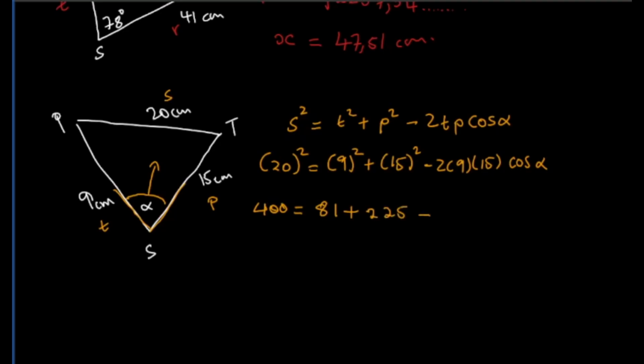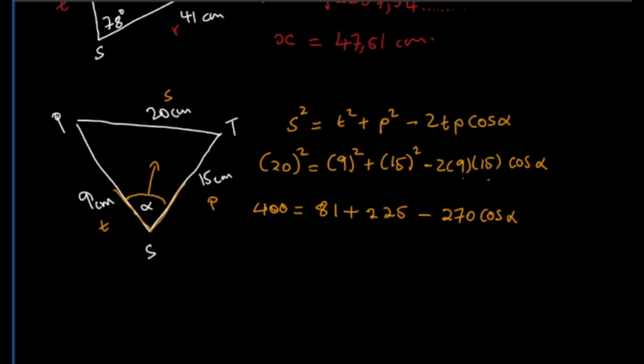Then minus, can you say 2 times 9 times 15? What do you get? I get 270. Okay, so this will be 270, the cos of alpha.